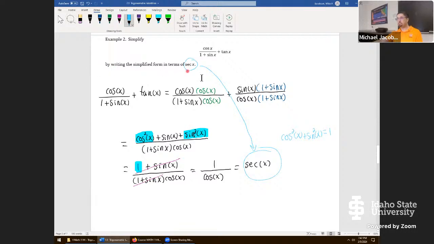Now, these instructions don't mean it always ends at secant x. It could have been secant x minus 1, secant x divided by 3. What they're indicating is secant x should be the only trig function left after you simplify. Sorry, say again.